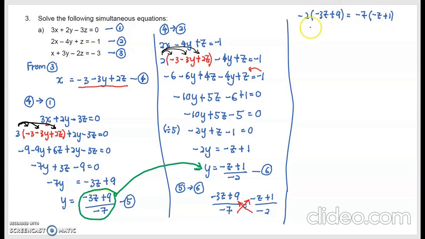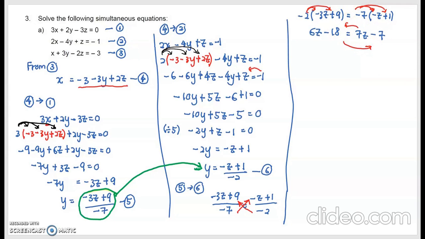We try to simplify. Negative 2 times negative 3z is positive 6z, negative 2 times 9 is negative 18, is equal to positive 7z, negative 7 times 1 is minus 7. So I try to expand and arrange.